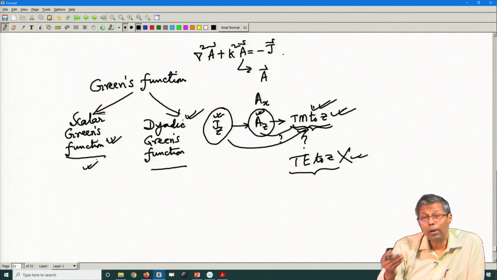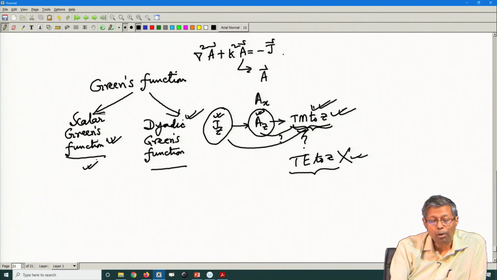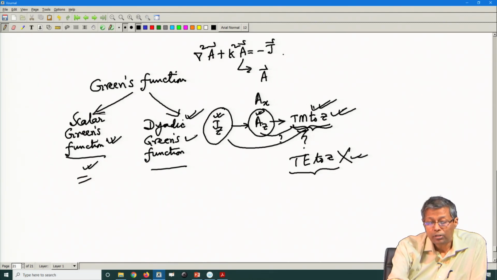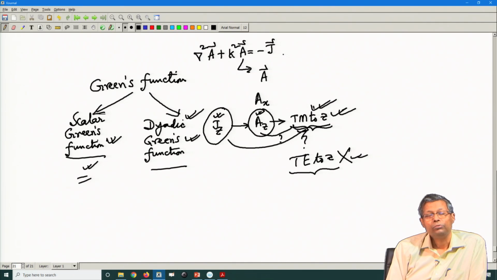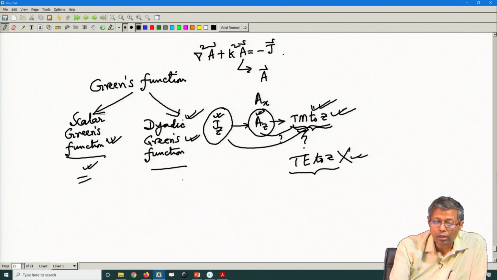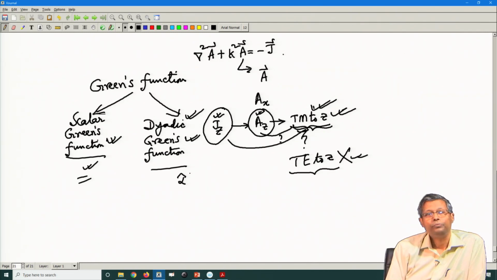So, all my modes which I might have neglected before now have to be computed. So, my problem has to start from scratch, but the dyadic Green's function group, because they have taken into account all the modes, their code is general. They do not care if their source polarization has changed. In fact, they can deal with an alpha directed source.